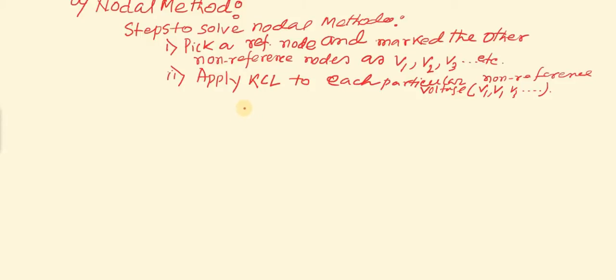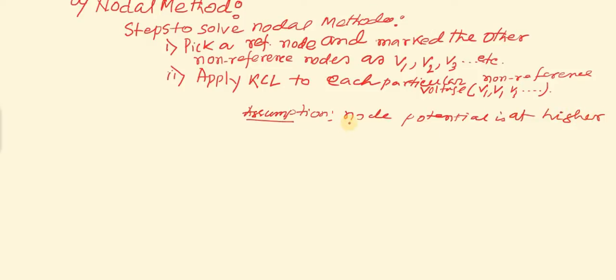The assumption is that the non-reference voltages, say we have marked V1, V2, V3 like this, at any particular node will be higher than the other non-reference nodes appearing nearby.